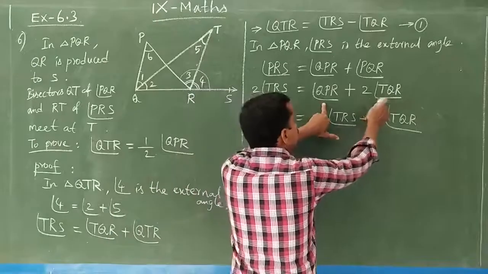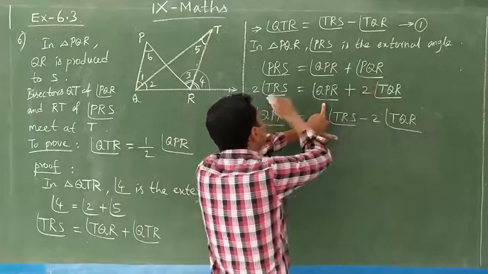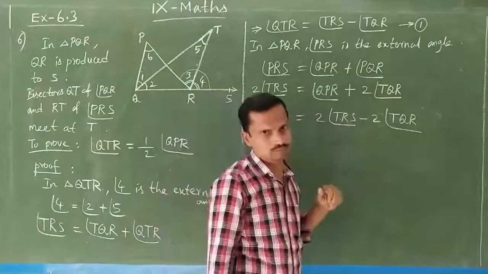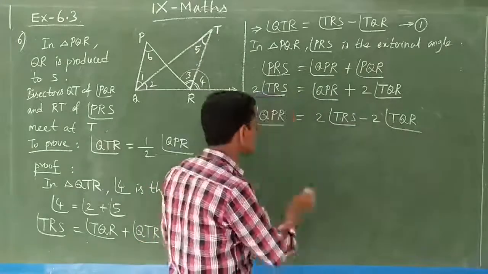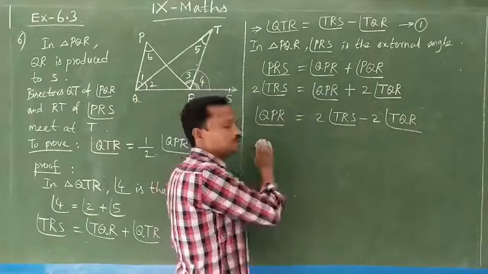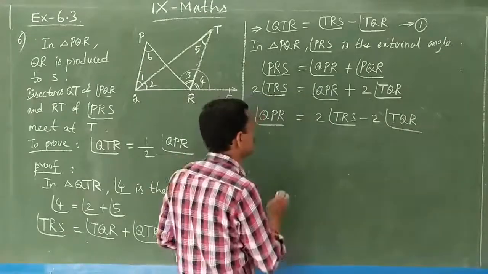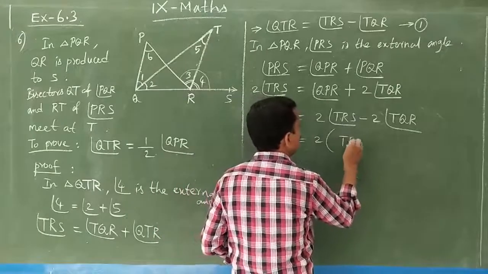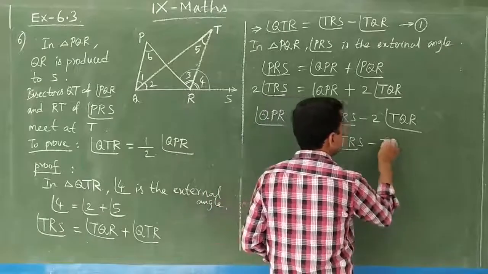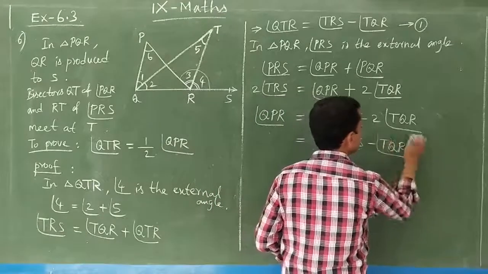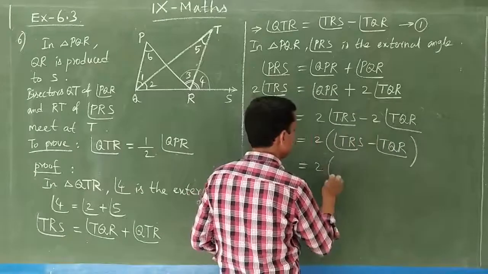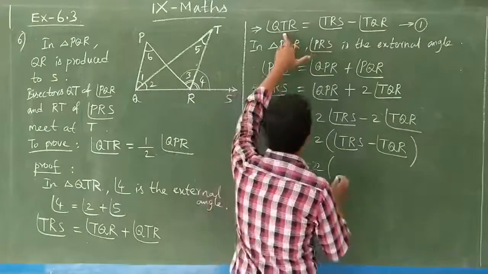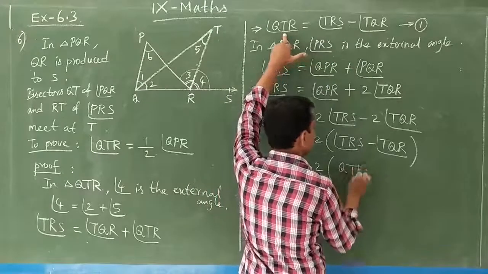If you take 2 into TQR to this side, what happens? 2 TRS minus 2 TQR will come. Is it clear? Just transposing and keeping QPR angle at one side. That's it. So you see, this is nothing but 2 into TRS minus TQR. And now 2 into, what is TRS minus TQR? QTR from equation 1.